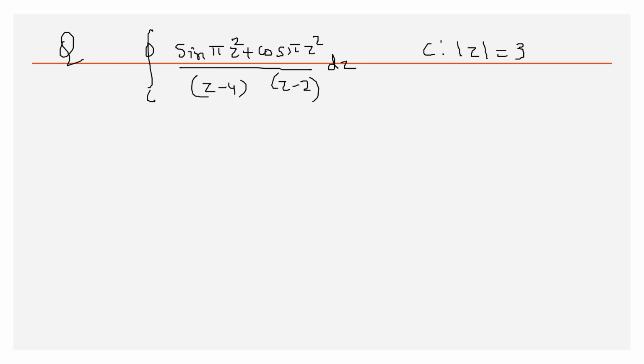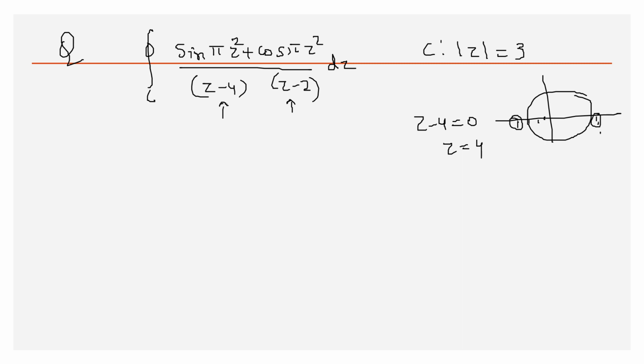modulus z equals 3. Okay, now in the denominator just check out what is being given to us. These are the poles of the region of convergence. So we have z minus 4. If we put it as 0, z will be 4. Let's say 1, 2, 3, 4. It will come somewhere here, right? On the right hand side.